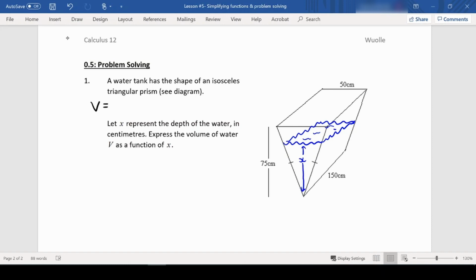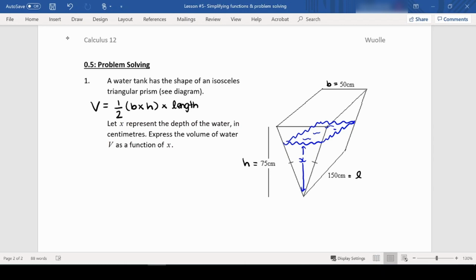So the base is a triangle, and so you get half base times height of the triangle times the length of the prism. This is the height of the entire triangle. This is the base length of the entire triangle, and this would be the length of your prism.